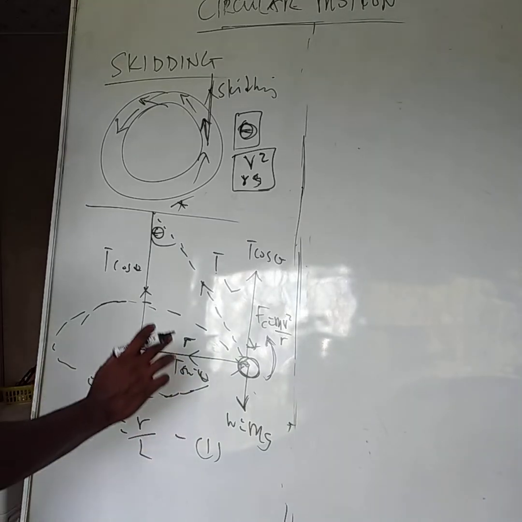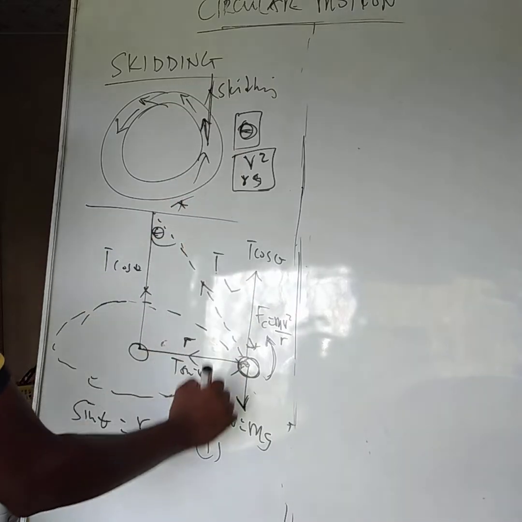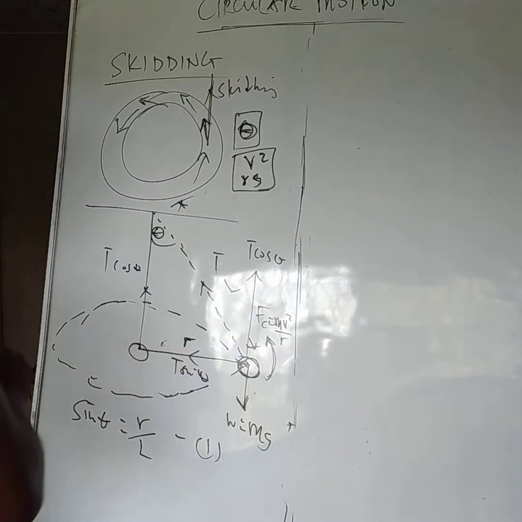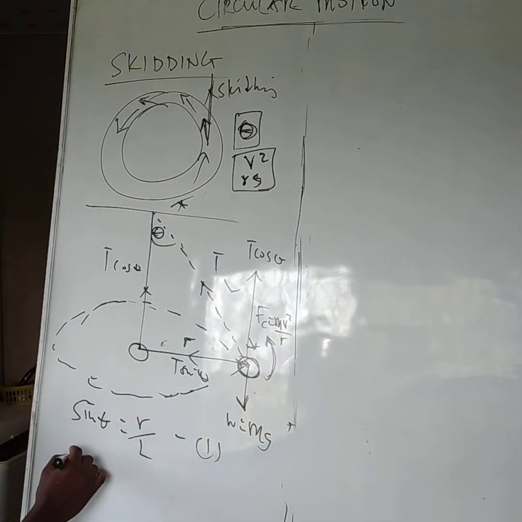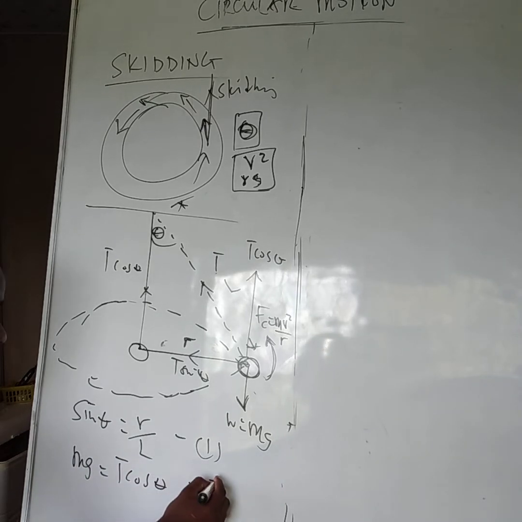Okay, then we have already learned that the sum of upward forces equals the sum of downward forces. Then the forces on the left are equal to the forces on the right here. So from the diagram, we can say that mg is equal to T cos theta, equation 2.